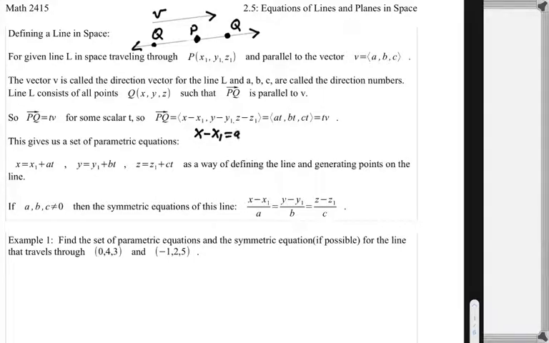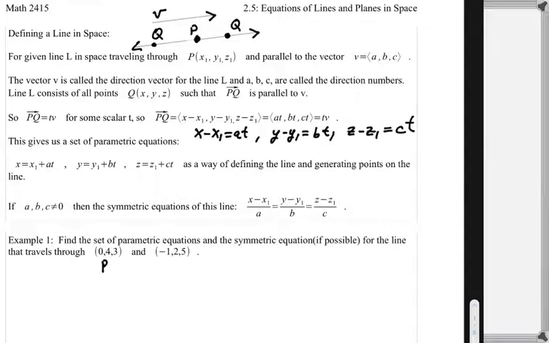So x minus x1 is equal to at, y minus y1 is equal to bt, and z minus z1 is equal to ct. Okay. Now we can solve each one of these for x, y, and z, and that gives us the set of parametric equations: x equals x1 plus at, y equals y1 plus bt, z equals z1 plus ct, as a way of defining the line and generating points on the line.